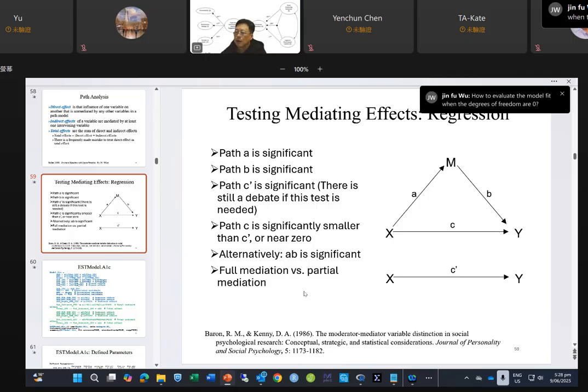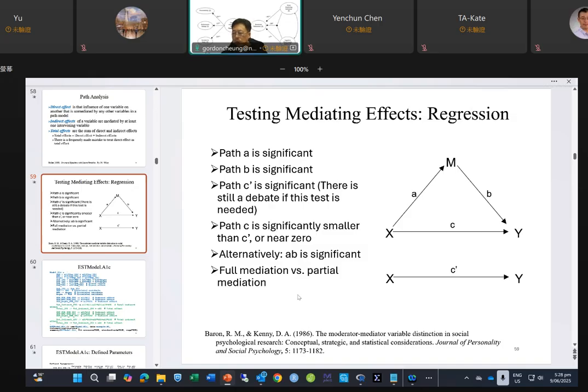Now, Jinfu suddenly asked me a question about model fit when the degrees of freedom are 0. When you have 0 degrees of freedom, you cannot evaluate model fit, just like regression. A regression model is a just identified model which has 0 degrees of freedom. When you have 0 degrees of freedom, your model always fits the data perfectly.